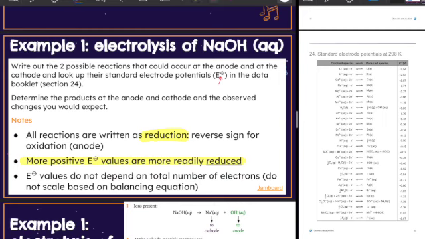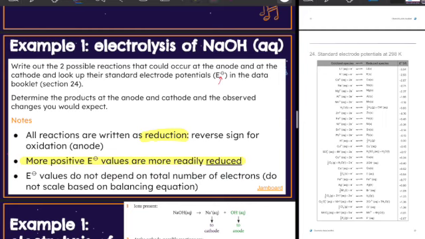So if I'm looking at NaOH aqueous, and I have my setup here, I have my positive, negative. Negative, of course, is the anode, oxidation.